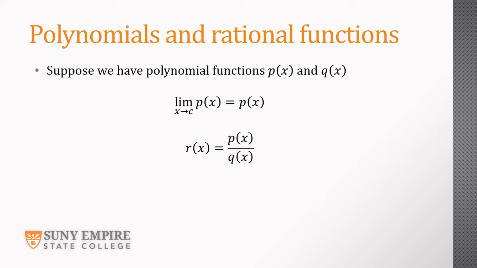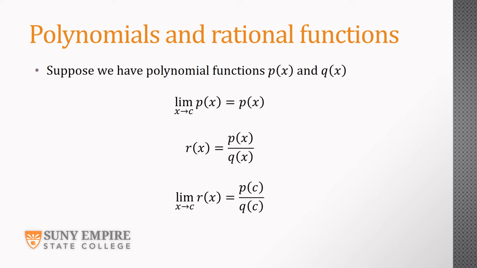Suppose we have some rational function r of x defined by p of x divided by q of x. Then the limit as x approaches the real value c is equal to p of c divided by q of c. We find each function value, then divide.